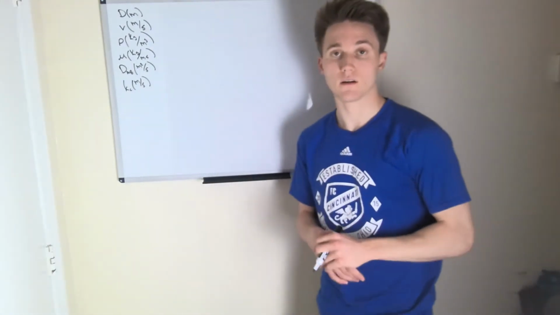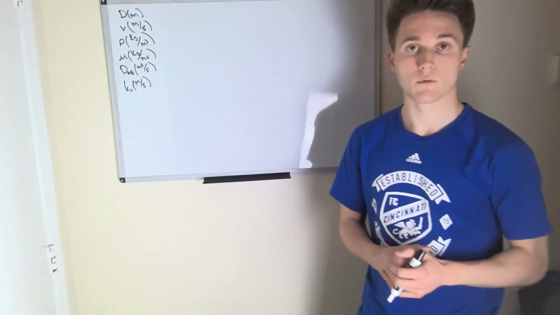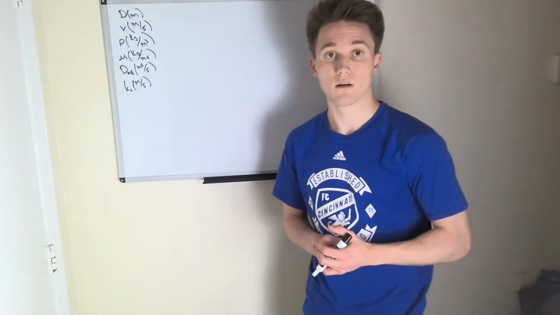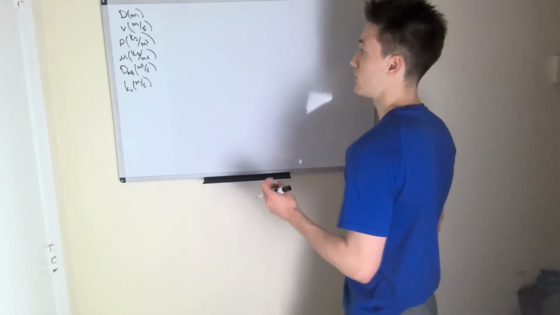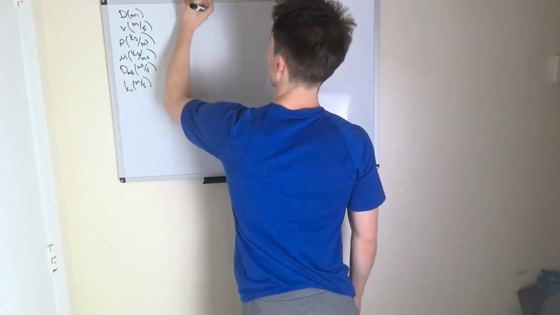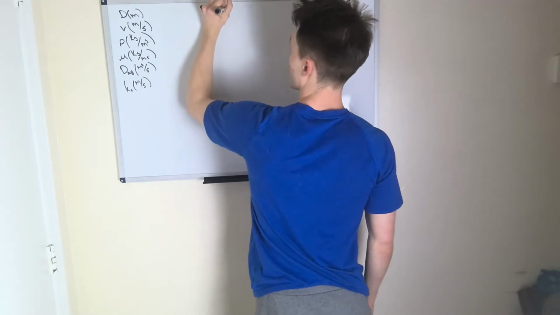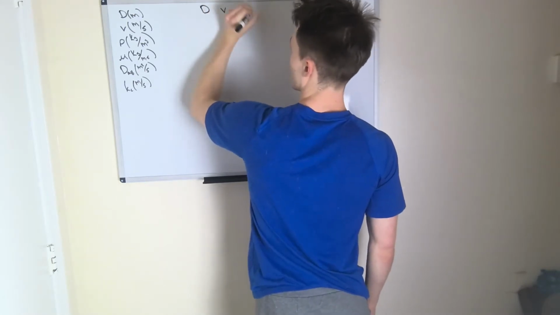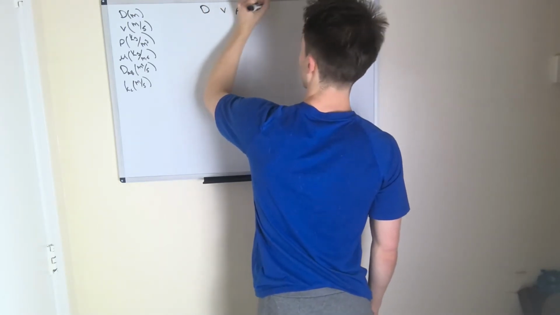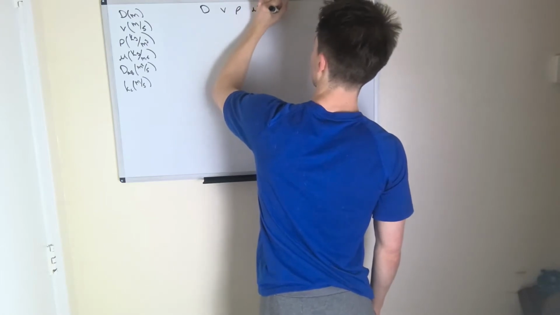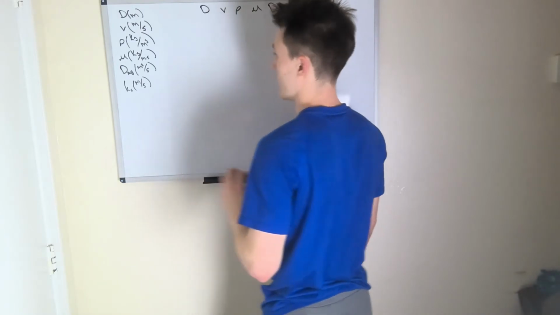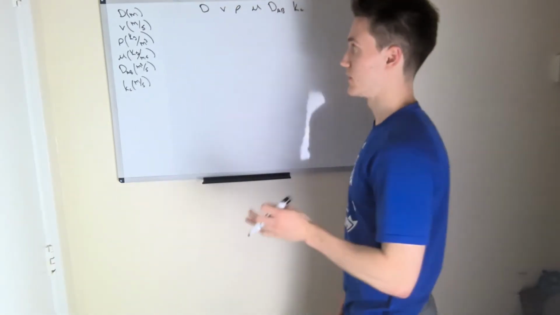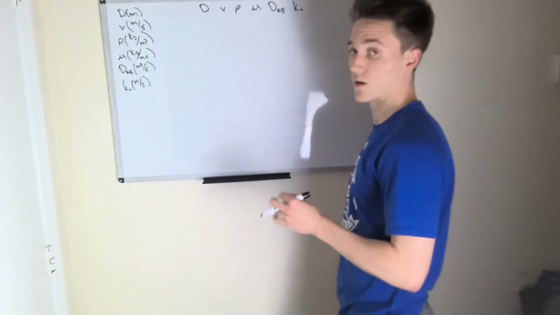And next, in the Buckingham Pi method, you want to make a dimension matrix. And to do that, we'll write the variables across the top. And then the parameters, kilograms, meters, and seconds across the side.